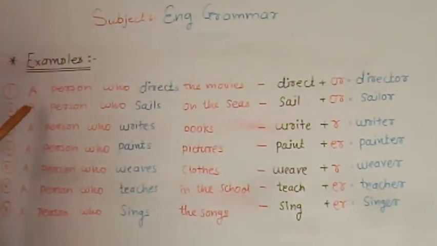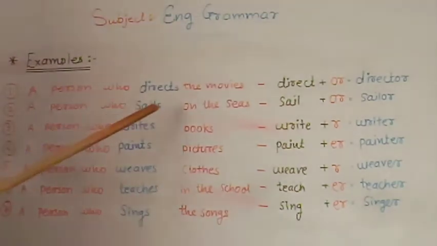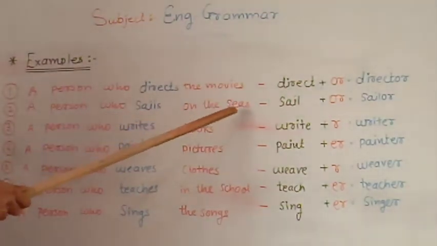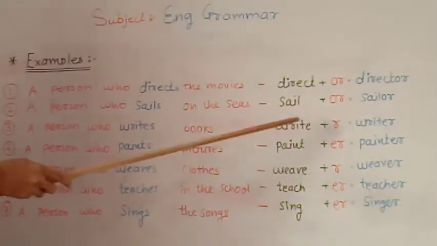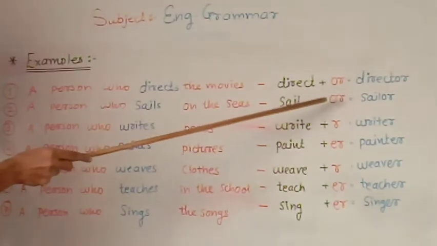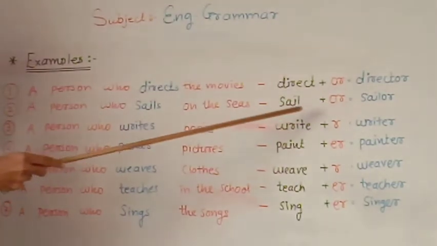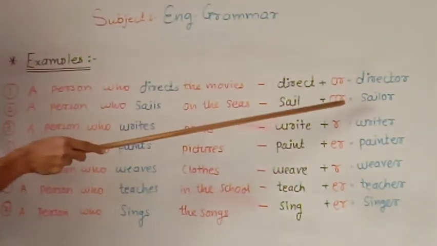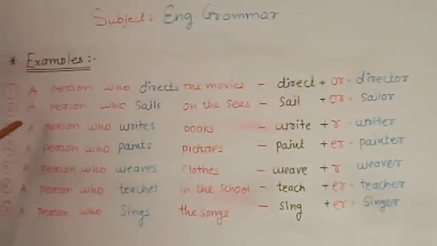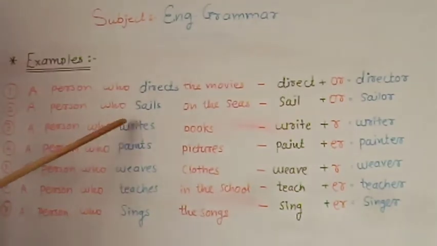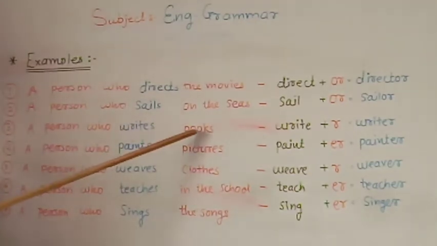Next, a person who sails on the seas. In this sentence, sail is a verb, that means an action word. When we add or to the verb sail, it becomes sailor, one of the noun. Next, a person who writes books.